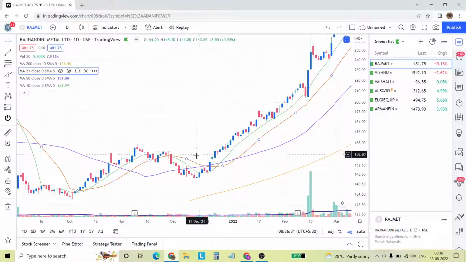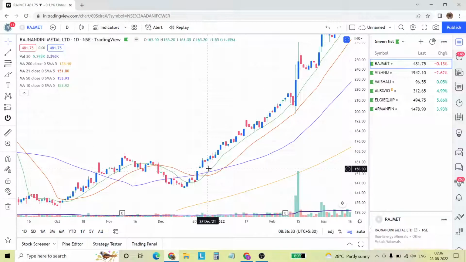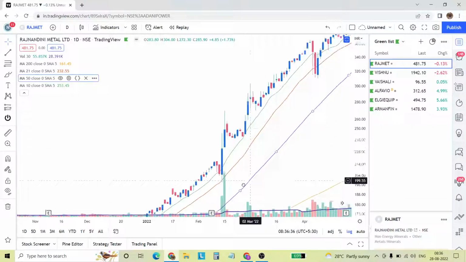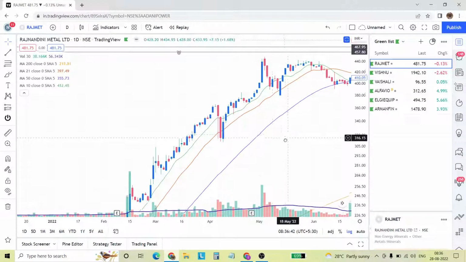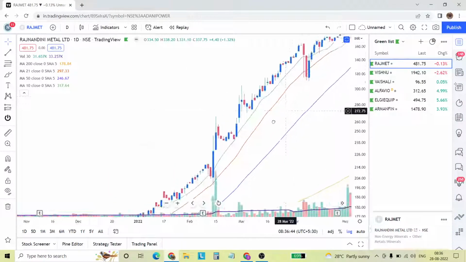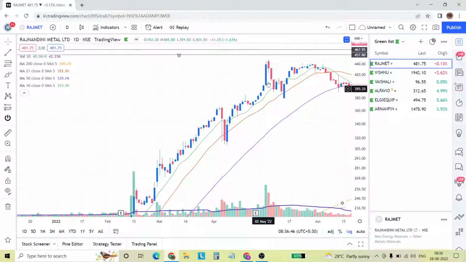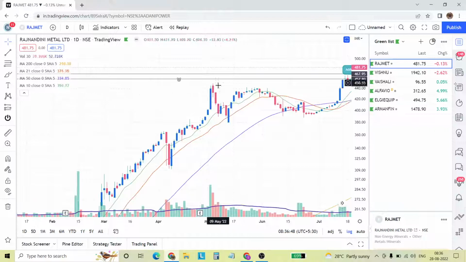Just for example, it stays above the 10-day moving average, stays above the 10-day moving average. Here it breached and did some consolidation, but this is something else. This is some serious momentum. Even if it is breaching again, it's going up. After this climactic run here, it breached the 10-day moving average, and then it is forming consolidation.